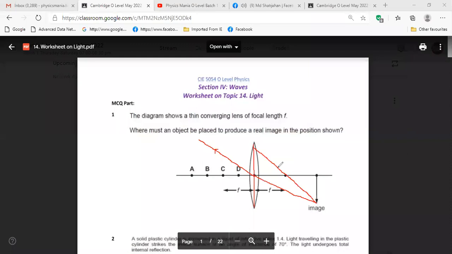After going to the lens, it will come here parallel. It will be parallel now. It is the focal point, F, the principal focus. Then it will come here, the parallel rays.